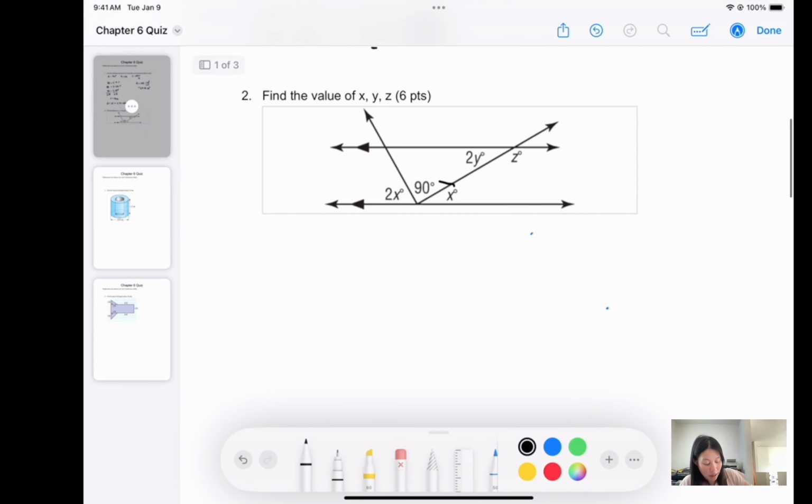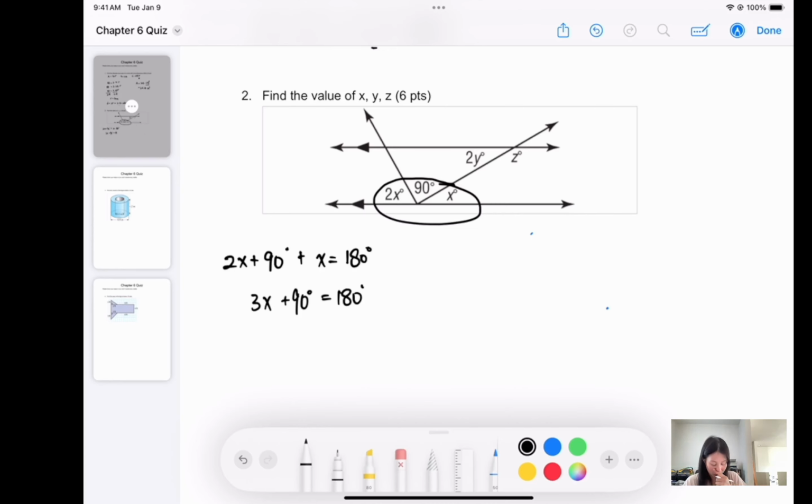So with these, we can first calculate this part, because these three angles add up to 180 degrees. So we can solve for x. I have 2x plus x, which is 3x, plus 19 is equal to 180. So we subtract 19 degrees on both sides. We have 3x equal to 19, x equal to 13 degrees.